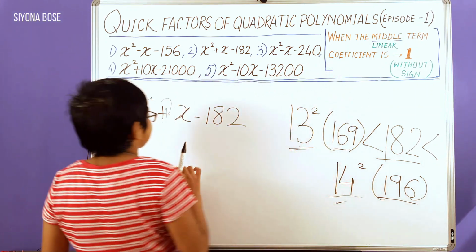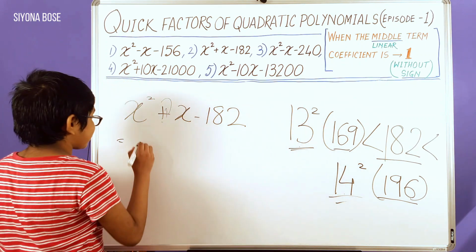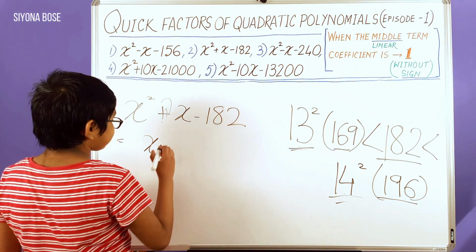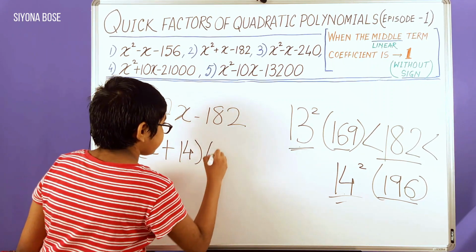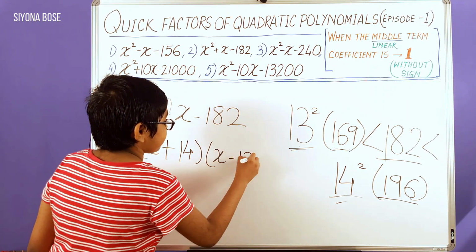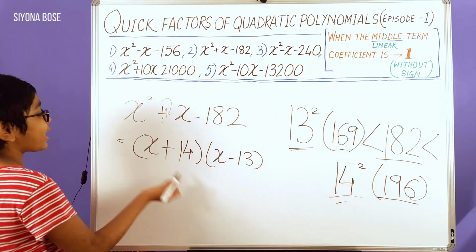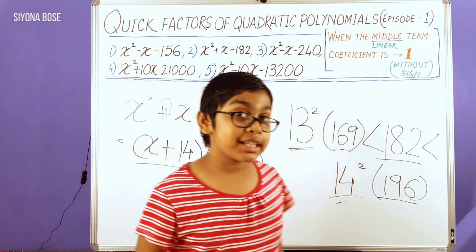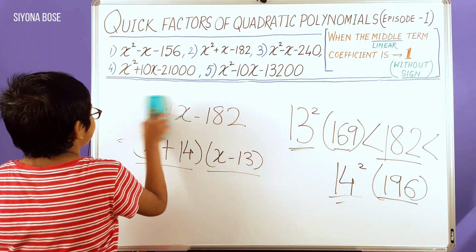So accordingly, we can factorize it and put the positive sign in front of the bigger number, 14, and the negative sign in front of the smaller number, 13. So we have factorized our polynomial, and we have got x plus 14 the whole and x minus 13 the whole. Wasn't it easy? So now we can move on to our next polynomial of the same kind.